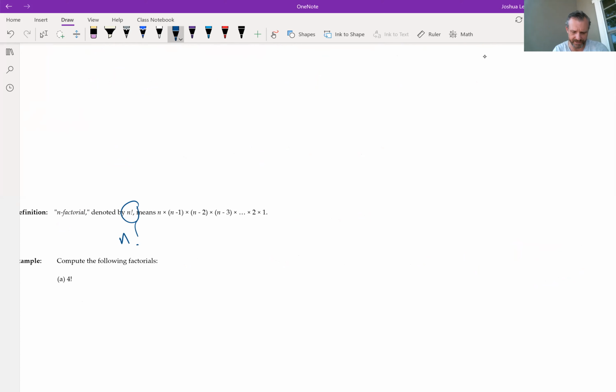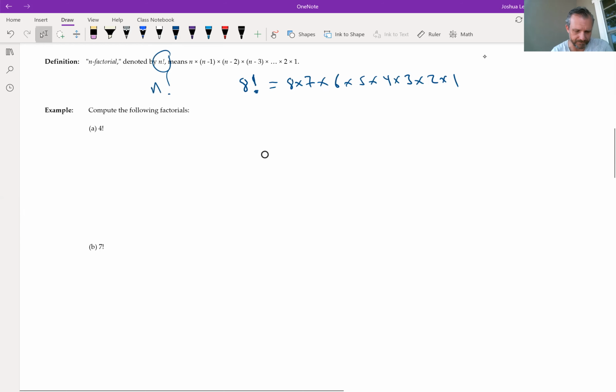So if I had something like 8 factorial, when I write 8 exclamation point or 8 factorial, that means 8 times 7 times 6 times 5 times 4 times 3 times 2 times 1. I'm not actually going to figure out what that equals, but that's what the factorial means. So let's try some.